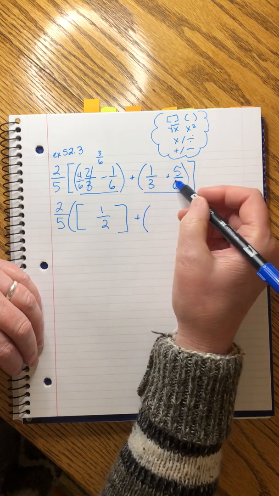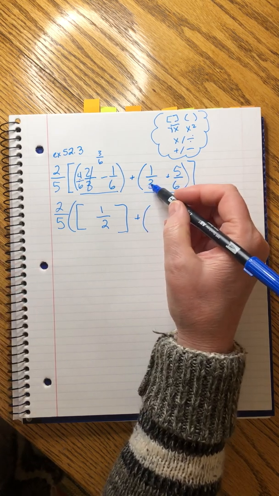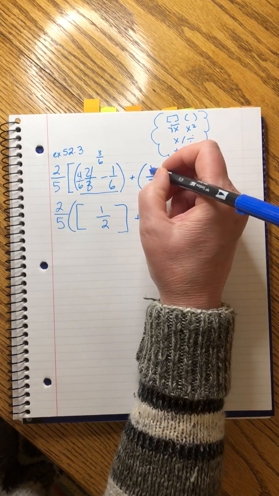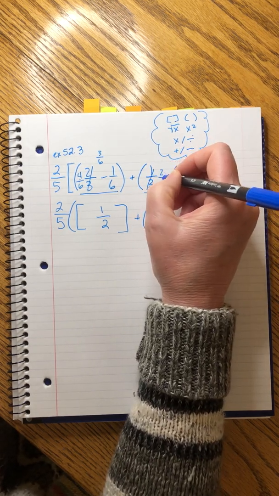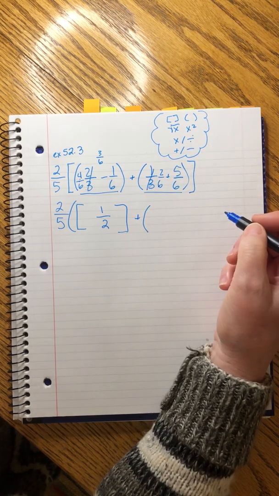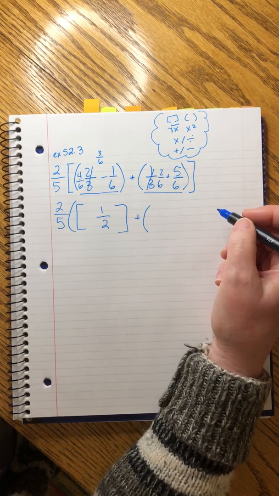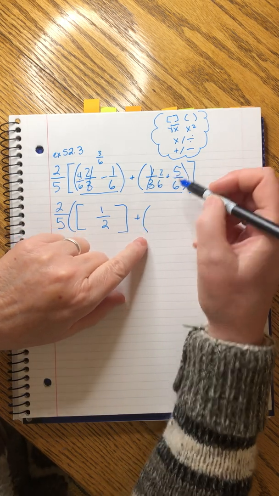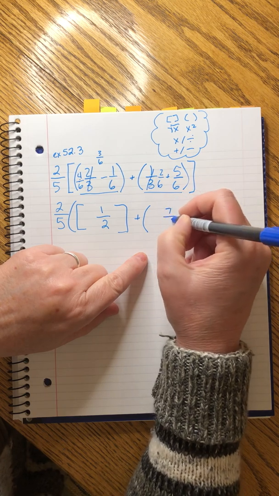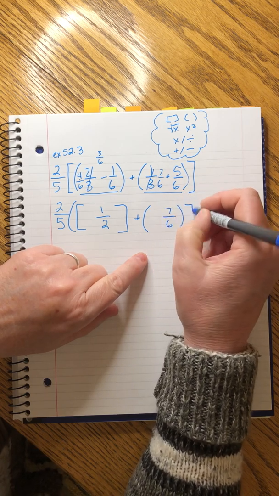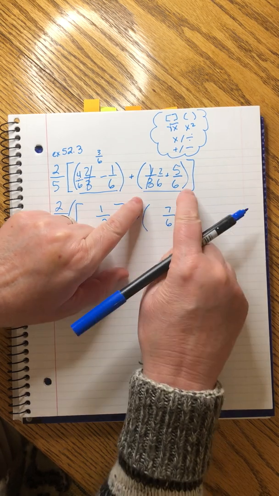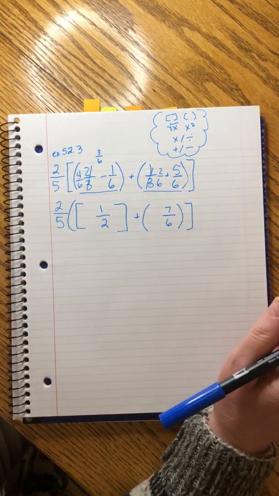Okay, same thing here. Denominators have to match. We can easily fix the 3 to make it a 6. We'll multiply by 2, and that will change this into 2/6. Okay, 2/6 plus 5/6 equals 7/6. Okay, and I switched my symbols back. I put rounded and then square, which is how it should be. So this looks crazy, but don't worry.